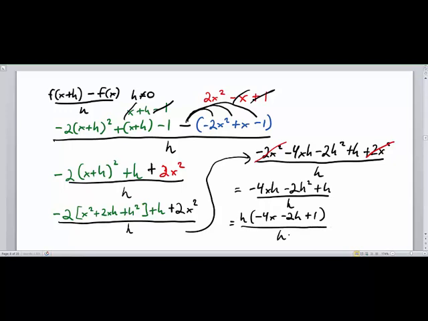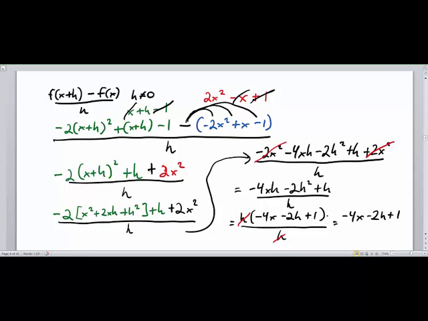All divided by h. See anything cool there? The h's simplify or divide into 1. So this means that this simplifies to negative 4x minus 2h plus 1. Now some of you with a little bit of experience in pre-calc and beyond might feel this problem is really derivative.